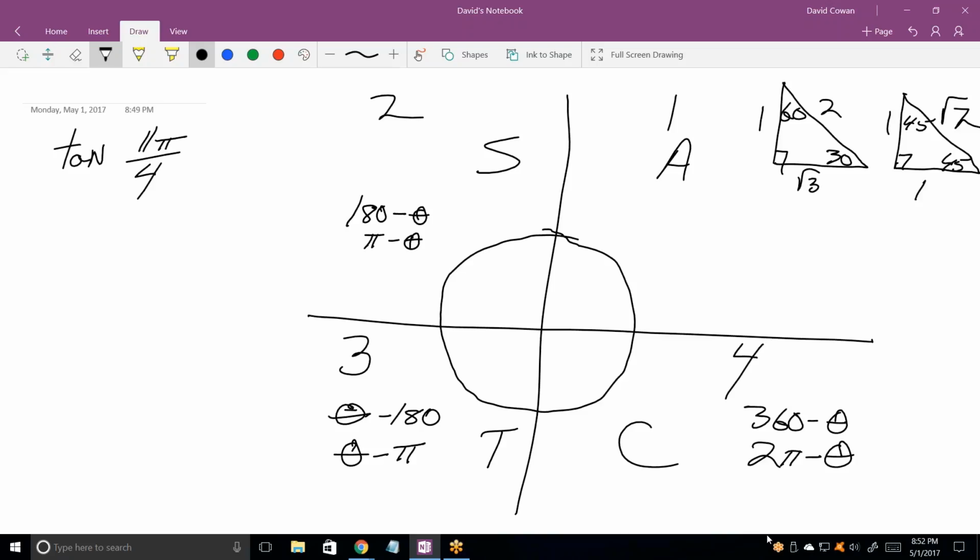And if you know the 6 trig functions of these three angles in the first quadrant, then figuring out every other quadrant is just a case of figuring out what the equivalent first quadrant angle is, and then figuring out what the plus or minus sign is. Okay, so that's the process we're going to use always.